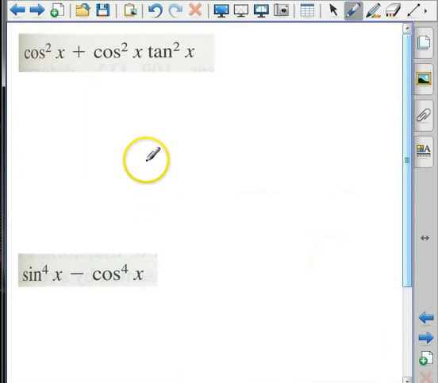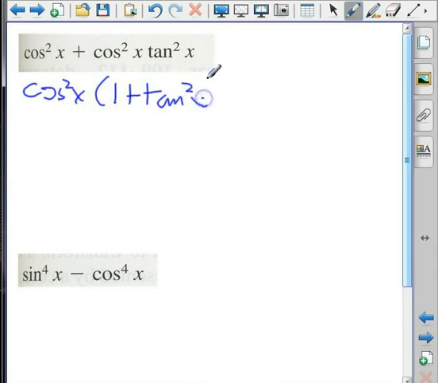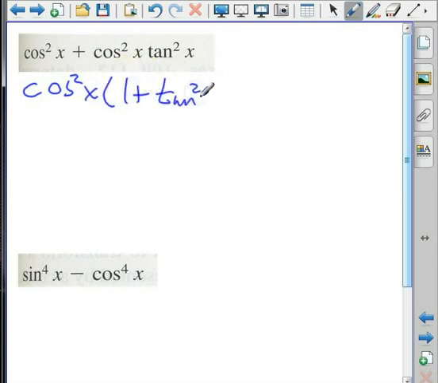Okay, now let's see if we can do some factoring and simplifying on these. I'm going to take a cosine squared out, leaving me with 1 plus tangent squared, and 1 plus tangent squared is secant squared.